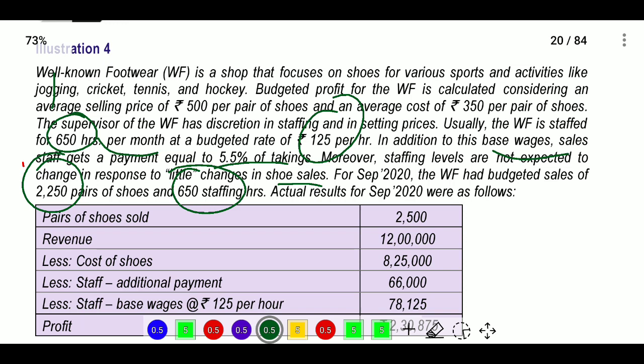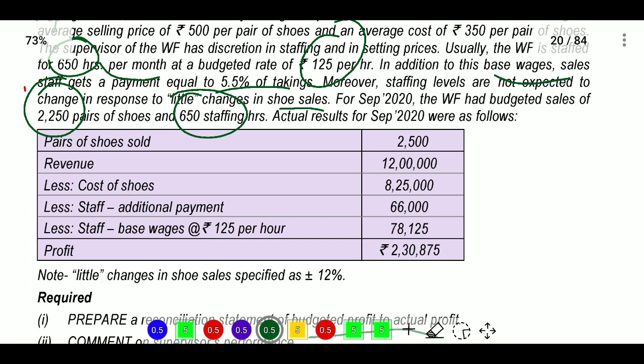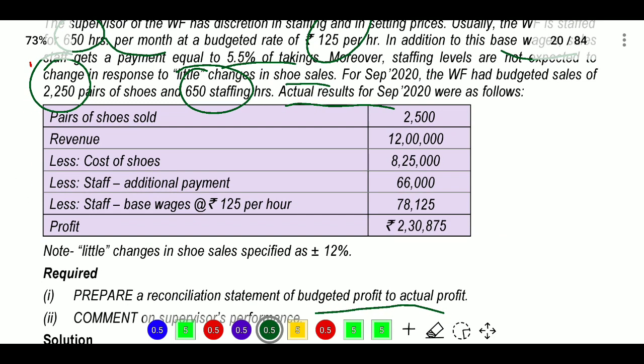The actual results for September 2020 were as follows: pairs of shoes sold 2500, revenue 12 lakhs, less cost of shoes 8,25,000, staff additional payment 66,000, and less staff base wages at 125 rupees per hour, and they got the profit.